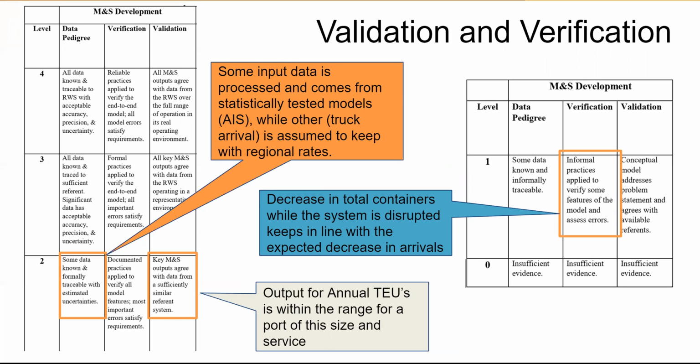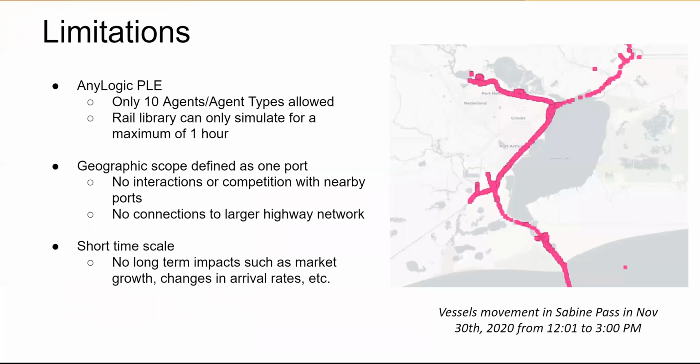In terms of the limitations, we had initially planned to focus on 2 main cargo types using one single model: container shipment via trucks and dry bulk shipment via train. But we ran into some issues as the PLE edition of AnyLogic limits the number of agent types and train simulation time.